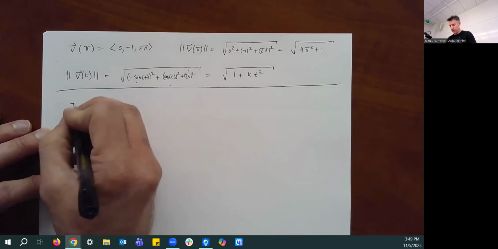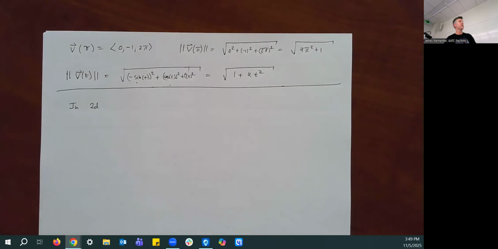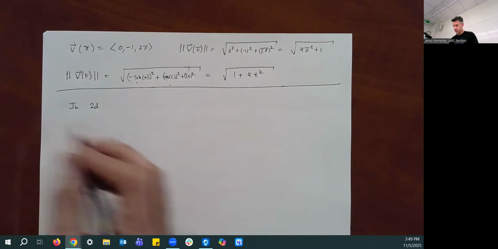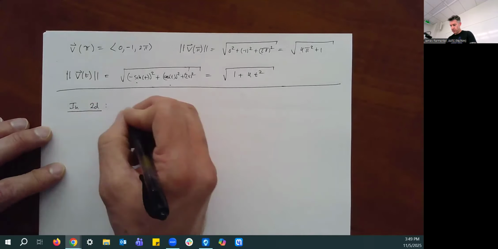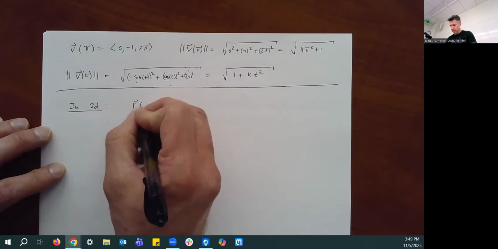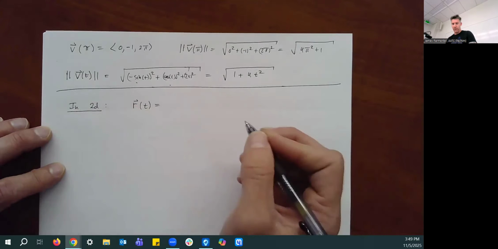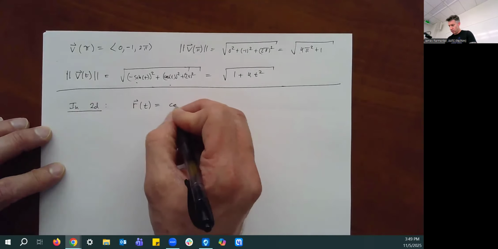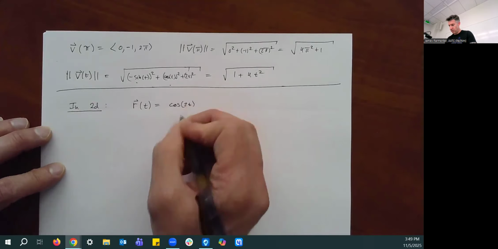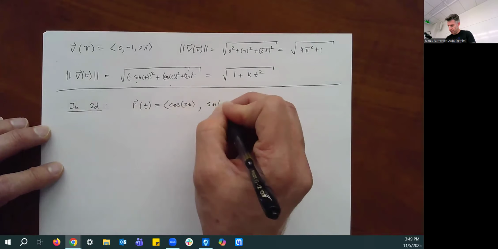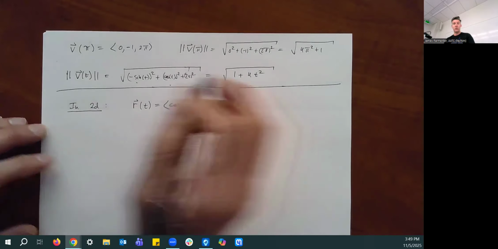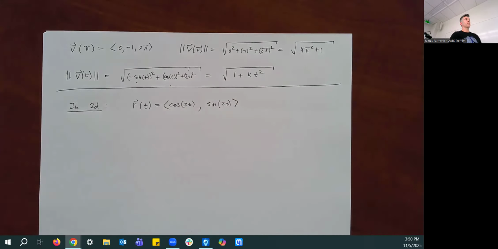In 2 dimensions, we can still describe things with vector valued functions. So let's say our vector valued function is r of t equal to cosine of 2t, comma, sine of 2t, which you might recognize as describing a path around a circle of radius 1.